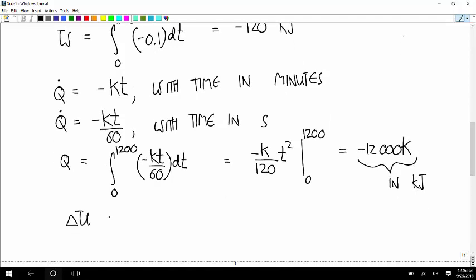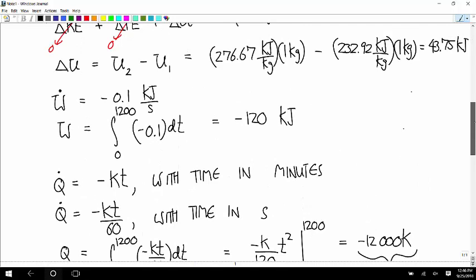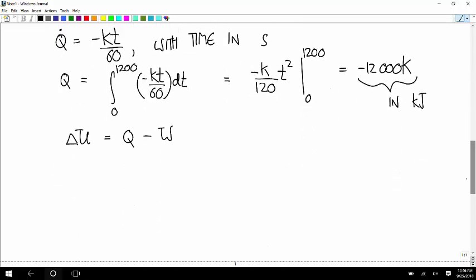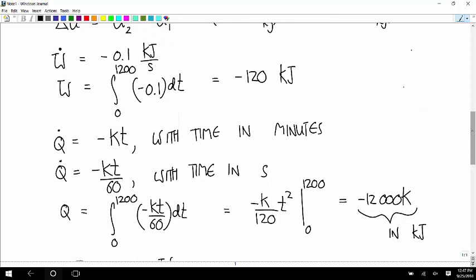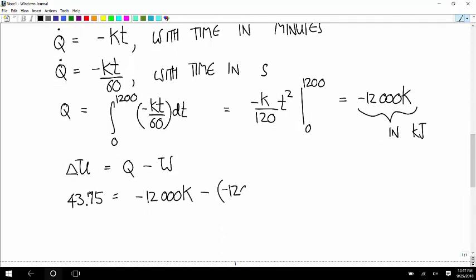We have that delta U is equal to Q minus W. Delta U is 43.75, and that's equal to negative 12,000 times this constant K, and then minus W, and W is negative, so we have double negatives here, negative 120.